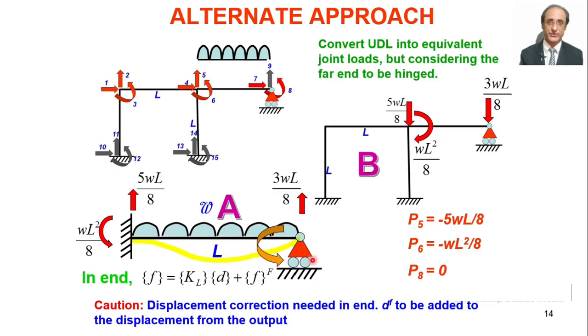So there is a rotation here, and this rotation has to be corrected in the final solution which we get after solving structure B by the direct stiffness approach. So this was not there in the previous case when both the ends of the member were restrained, because in that particular case there was no displacement. However, now we have a displacement and this has to be added.